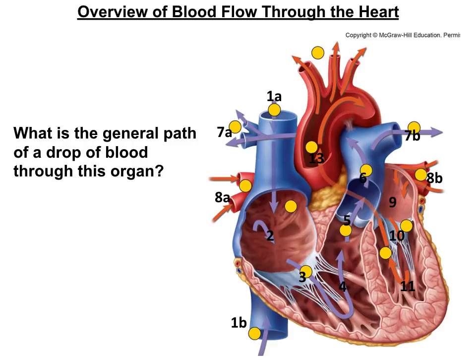Now I want you to think about this. The pulmonary veins are carrying oxygenated blood out of the lungs. So the pulmonary veins would be plus. Likewise, the blood in the left atrium would also be plus.